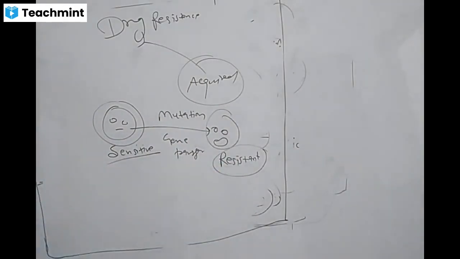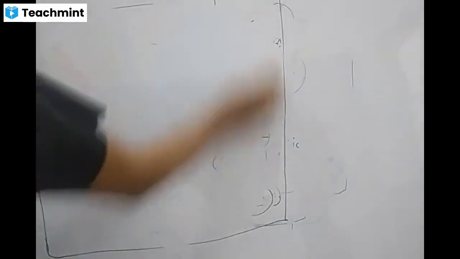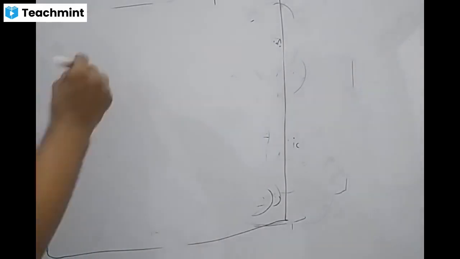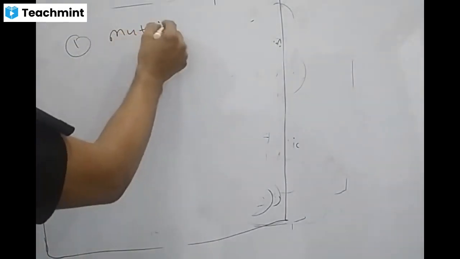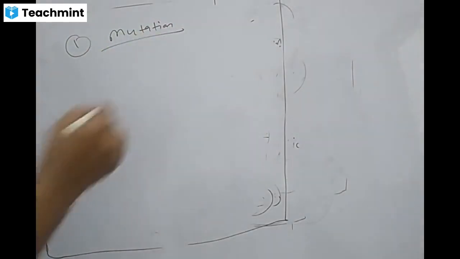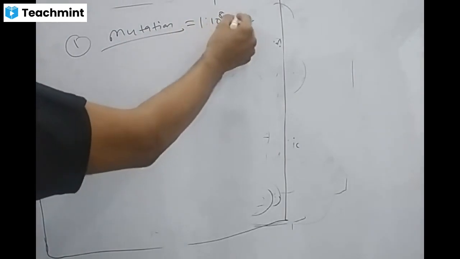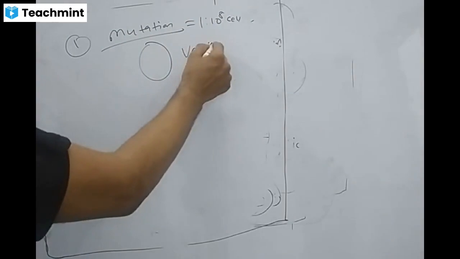This acquired resistance is of two types. That may be because of mutation. The rate of mutation is 1 in 10 to the power 8 cells. But the important thing about mutation is that it is vertical.